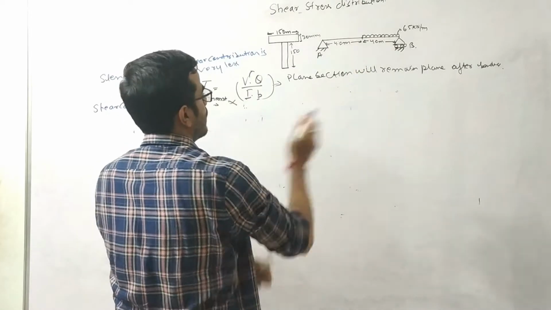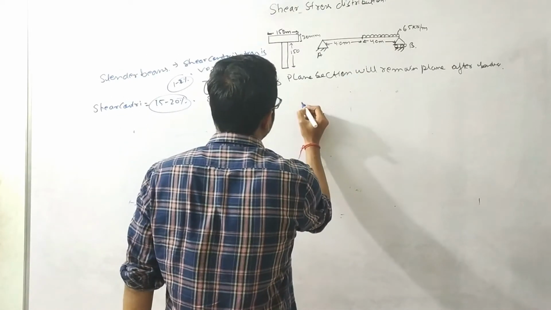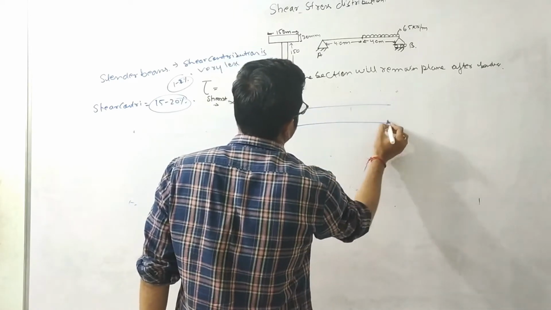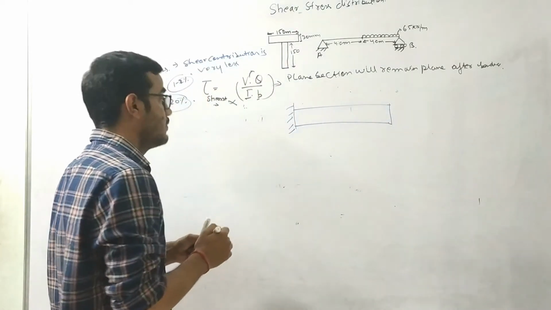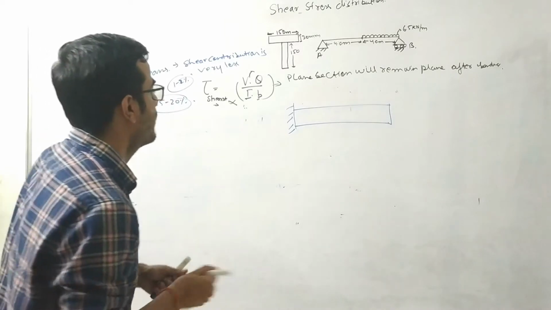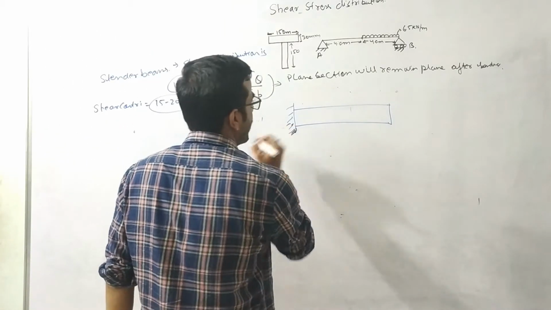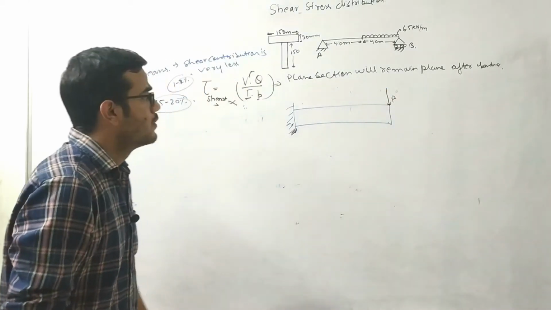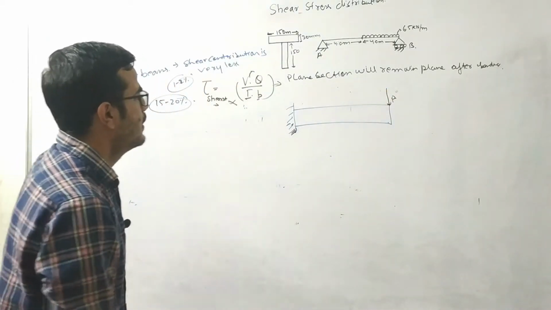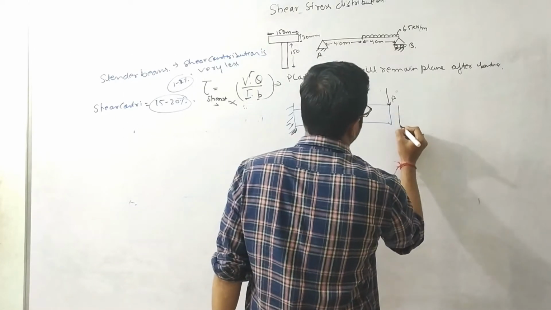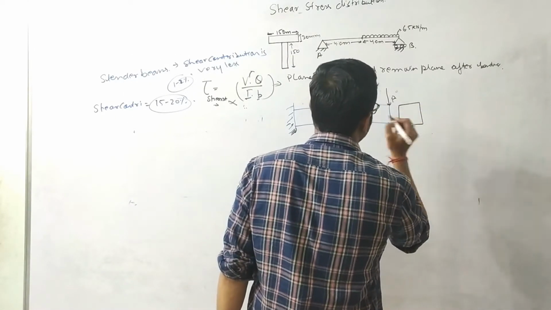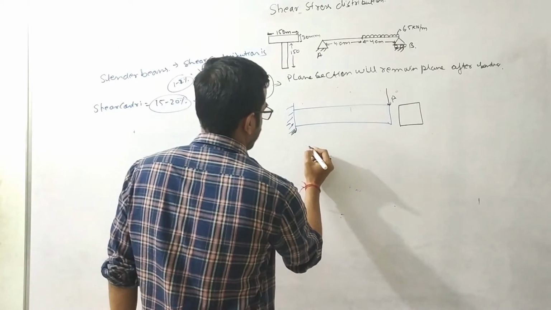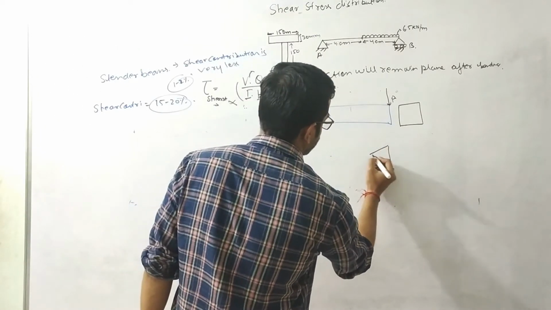Now again, one assumption. Let us suppose I am again considering a cantilever beam, any beam you can consider, not a big deal. So this is a cantilever beam and I am applying a load P over here. Next, this is the cross section of the beam, like the actual beam will look like this.